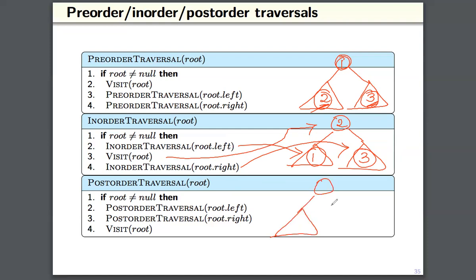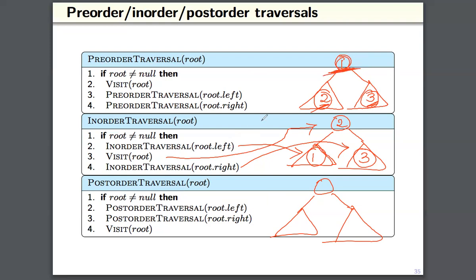Professor, can you explain a little more about what pre-order, in-order, and post-order mean in this scenario? Pre-order means you always visit the root first, then left to right. Correct, the root is the first priority.